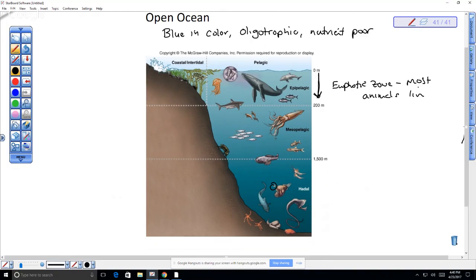Then when we move downward, the amount of light penetrating gets smaller and smaller, and we have animals here that either are blind or create their own light in order to see. So that's the open ocean. Okay, so that's it for the summary of the terrestrial and aquatic biomes for global ecology and conservation biology.